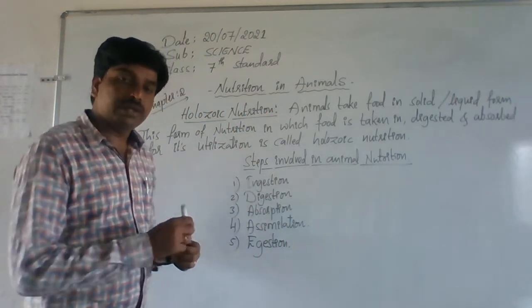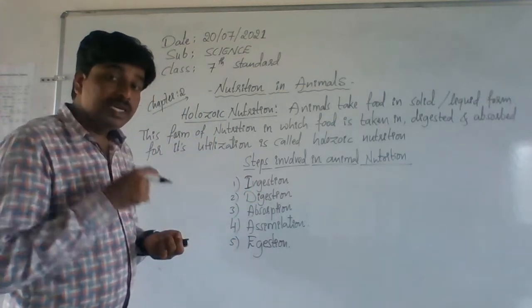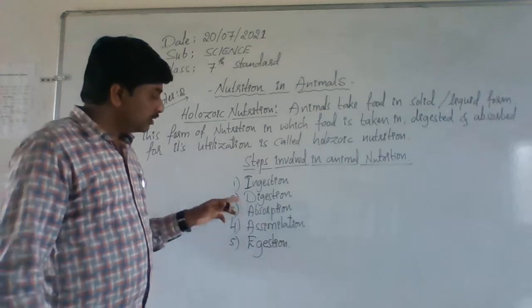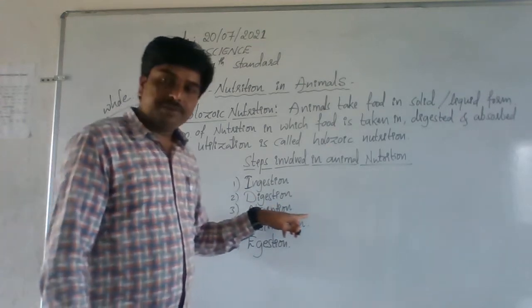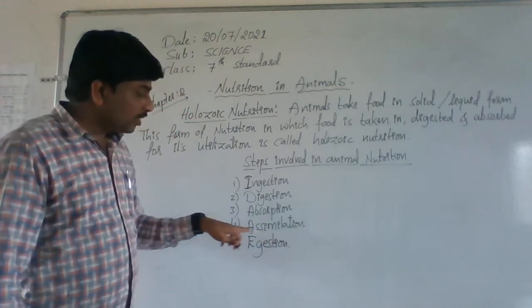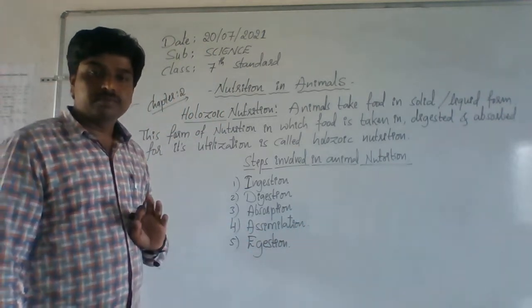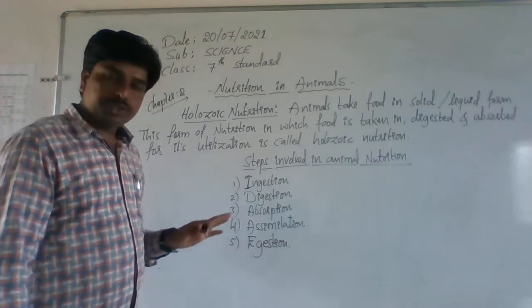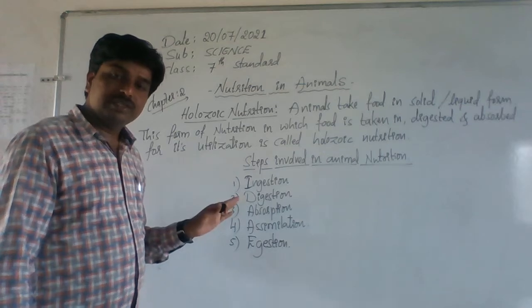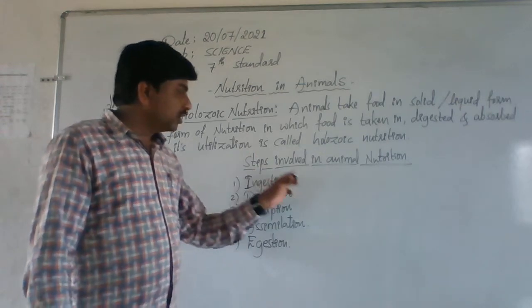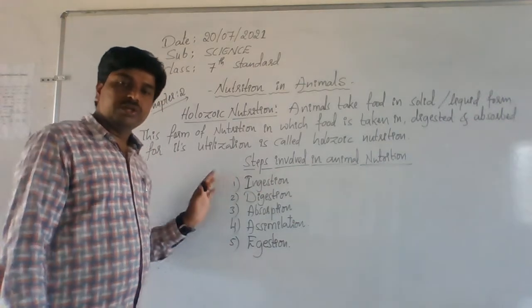Ingestion, digestion, absorption, assimilation, and finally egestion. So these are the 5 main steps involved in animal nutrition.